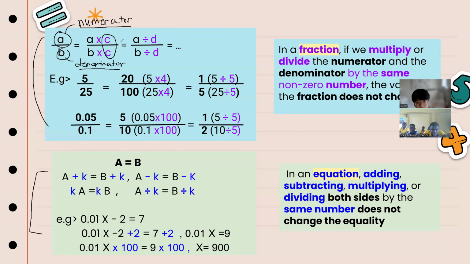And if we multiply, the fraction will still be equal. So a over b will be equal to a times c over b times c. It doesn't matter what the number c is.